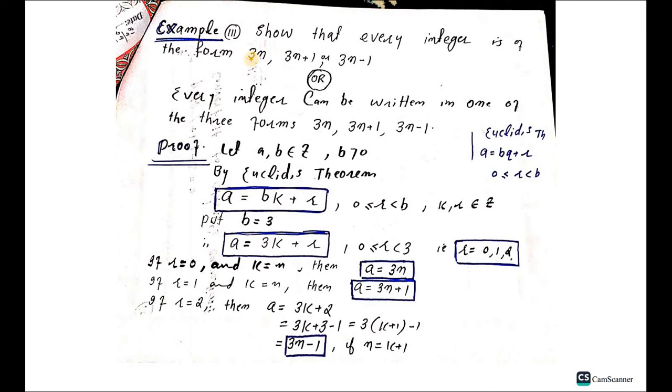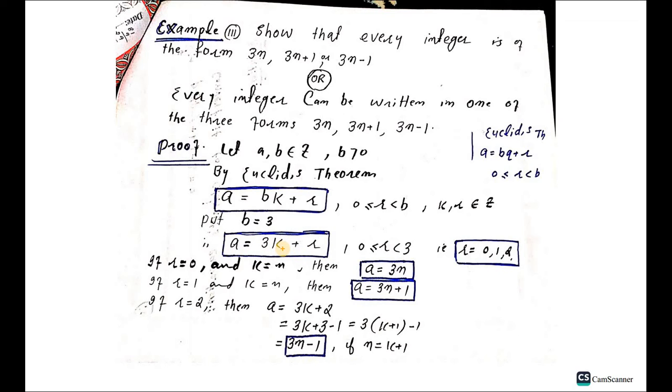Since we are dealing with multiples of 3, putting b equal to 3 in Euclid's theorem, we get a equals 3k plus r.